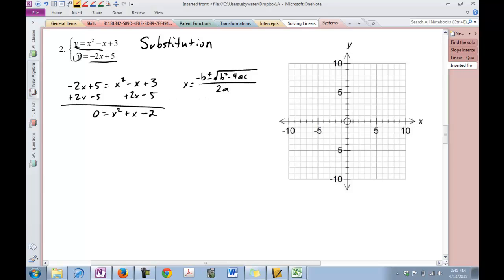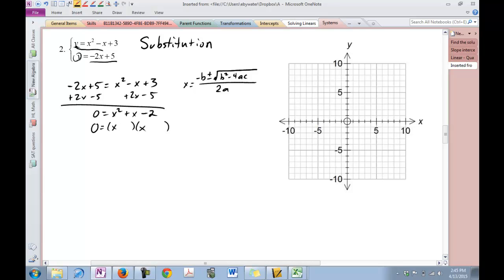But I'm not going to do that because I really don't like the quadratic formula. I just like singing the quadratic formula. What I'm going to do is factor, because factoring is faster and easier when it works. Mr. Rahman will tell you that factoring is stupid because it doesn't always work, while the quadratic formula does. But you know what? I like factoring because it's easier sometimes. So I'm going to go ahead and factor.